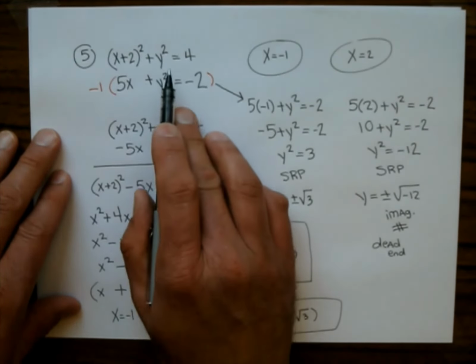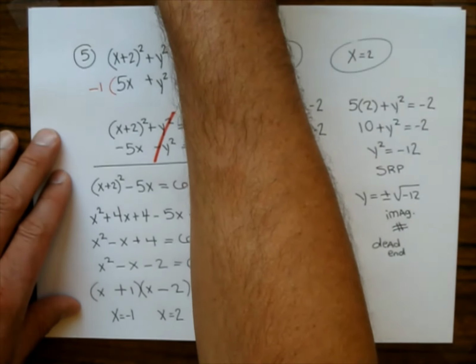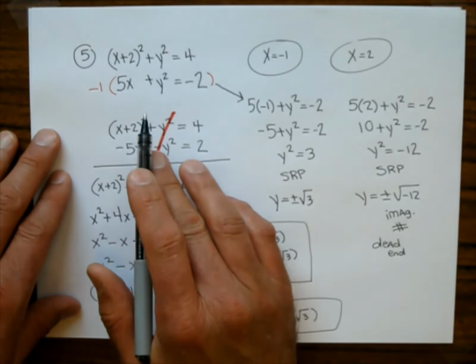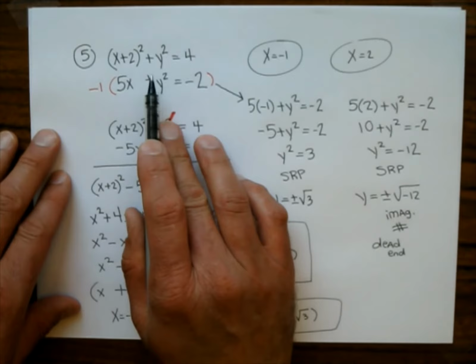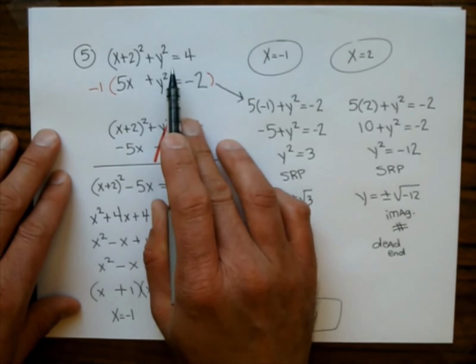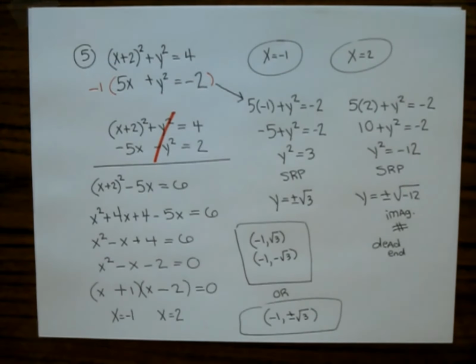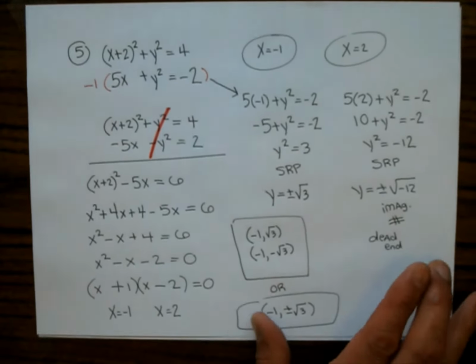Another way is to graph these, and in fact, that's what I'm going to be doing on the next example. So you'll see the graph of these things, because I'm going to change these equal signs to inequality signs. So that will be problem number 6 when I get to it. So there it is. In fact, let's do number 6 now.